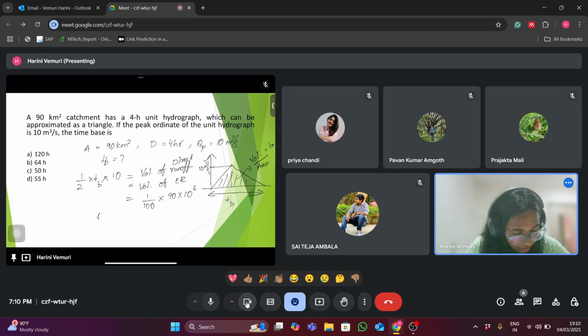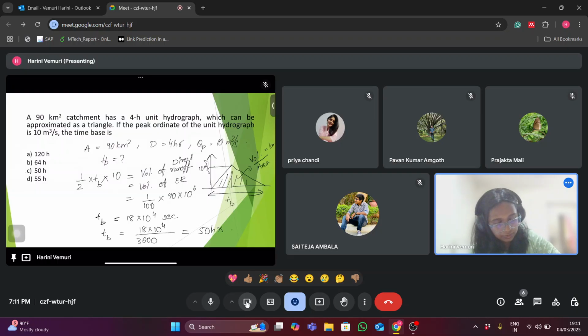Then TB, once we do the calculations, is 18 into 10 power 4 seconds. To convert into hours, we have to divide by 3600. That is equal to 50 hours. So the time base of this triangular unit hydrograph will be equal to 50 hours.